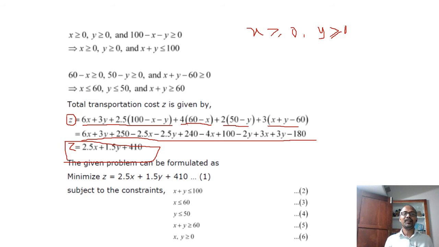So x plus y less than or equal to 100. And similarly for the bottom side, from B to F: 60 minus x greater than or equal to 0, 50 minus y greater than or equal to 0, and x plus y minus 60 greater than or equal to 0. And these are another set of constraints.